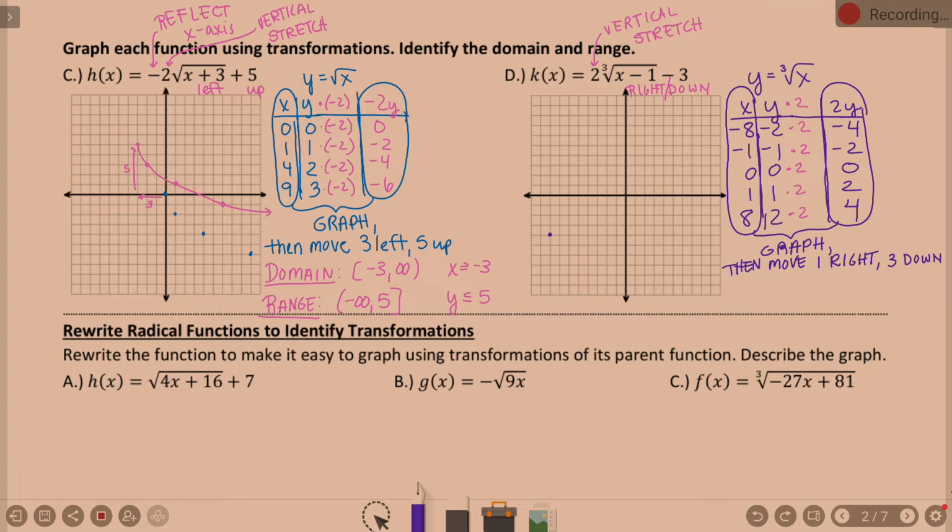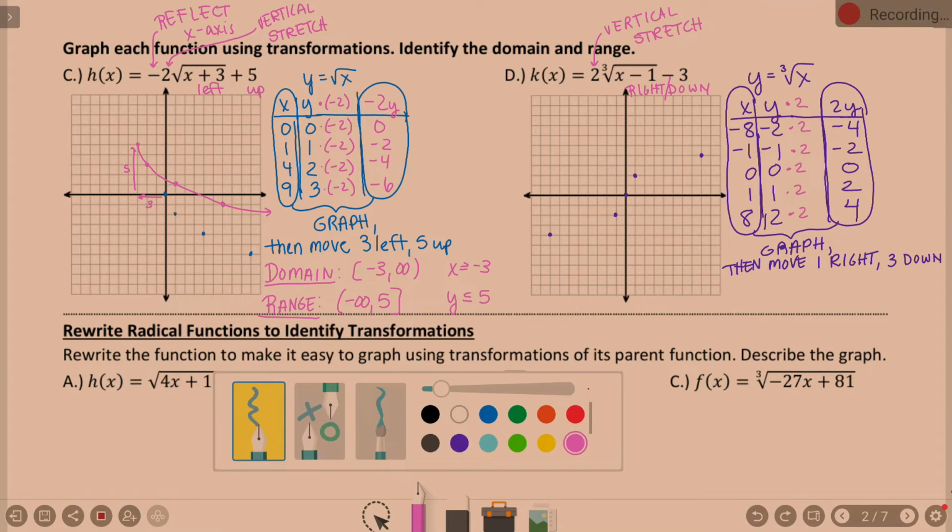Instead of -1, -1, -1, -2. Still 0, 0. Instead of 1, 1, it's at 1, 2. Instead of 8, 2, it's 8, 4. Realize this is a stretched out version of the original cube root graph, right? Yes. Okay. Each of those y values doubled its distance from the x-axis.